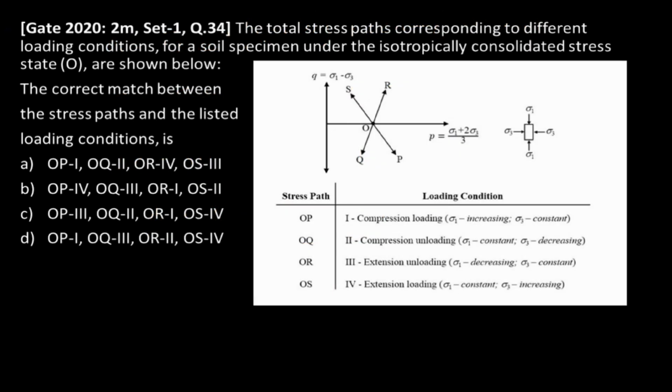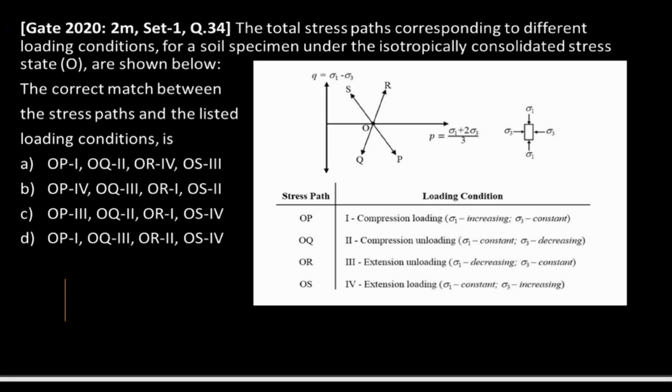For this question, if you draw the stress path diagram, we can find out the answer. So we'll draw the stress path diagram for OS. Left side will be sigma 3 and right side will be sigma 1.